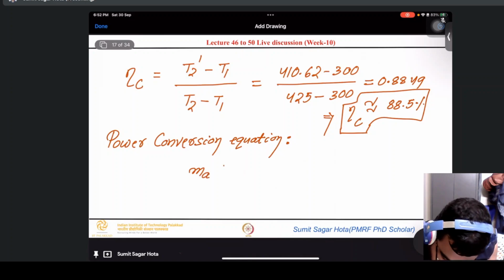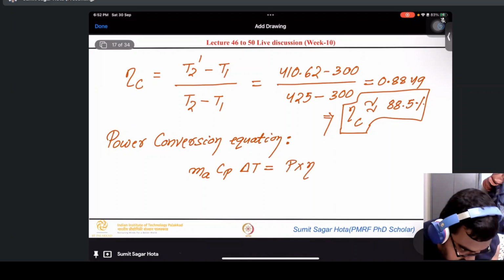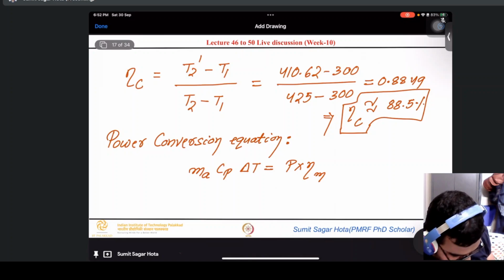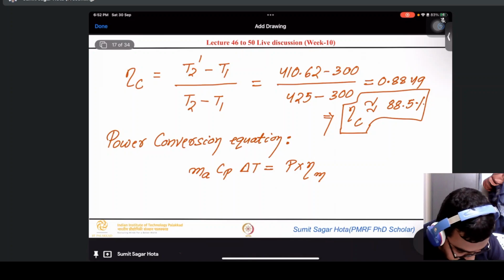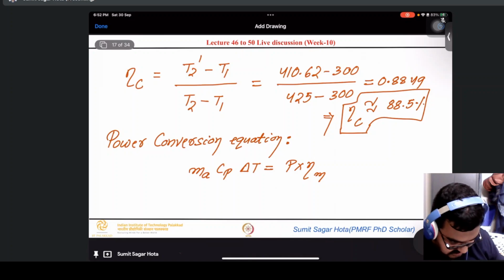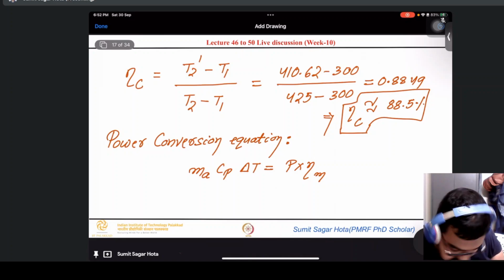MA Cp delta T is equal to P into eta M. What is eta M? It is your mechanical efficiency. And P is your input power.